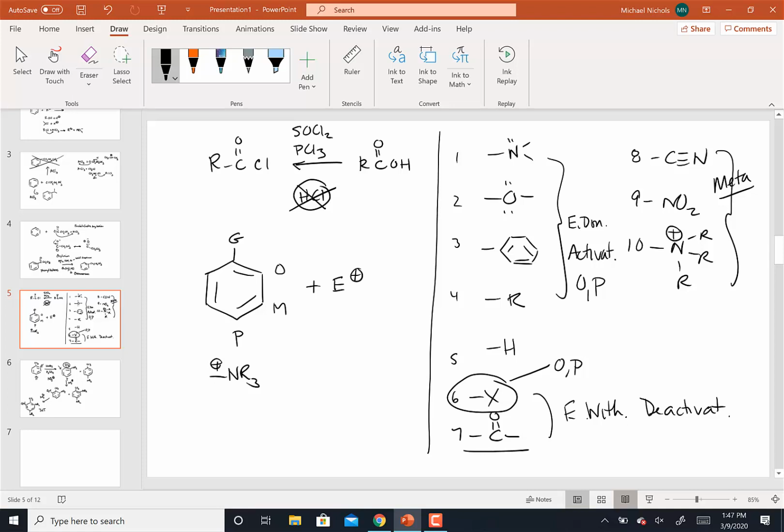So it's not that number 10 is because of an inductive effect, it's just because I'm putting a positive charge on that ring and trying to add something positively charged to it. So that's not going to work out all that well. So it's not an anomaly, it's just that's number 10.